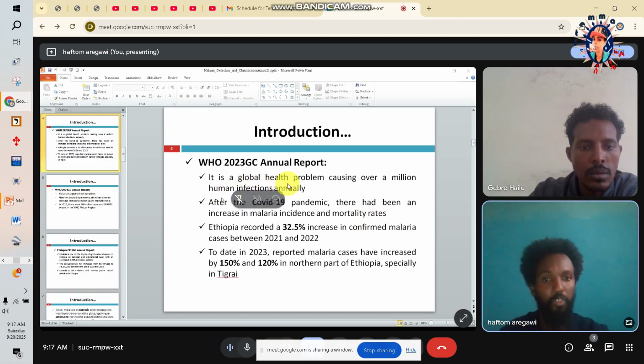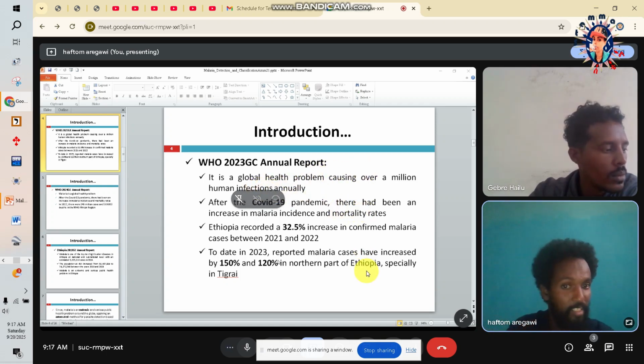The WHO 2023 annual report indicates that the malaria parasite is a global health problem causing over 1 million human infections annually. Especially after the COVID-19 pandemic, there has been an increase in malaria incidence and mortality rates.